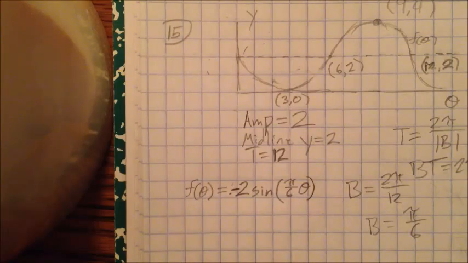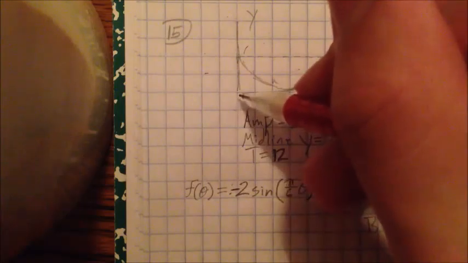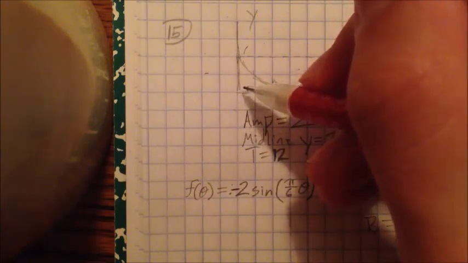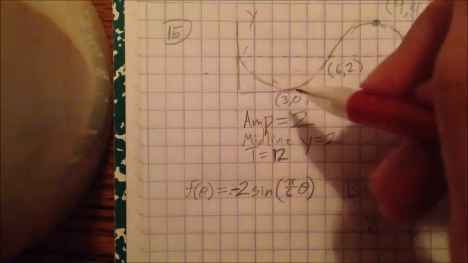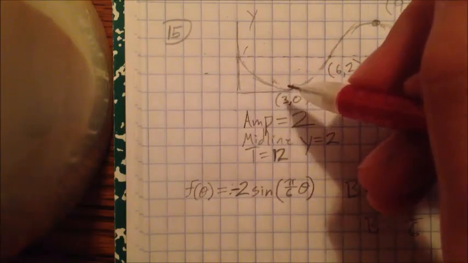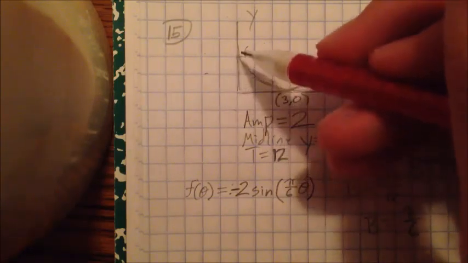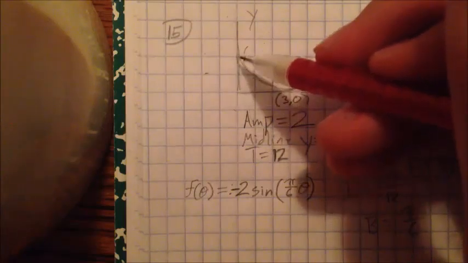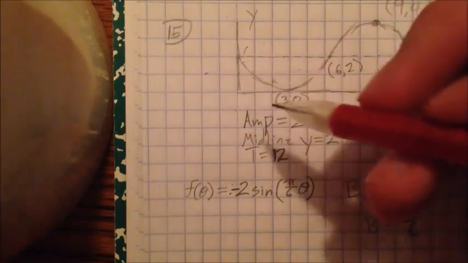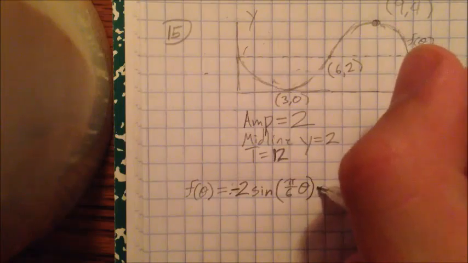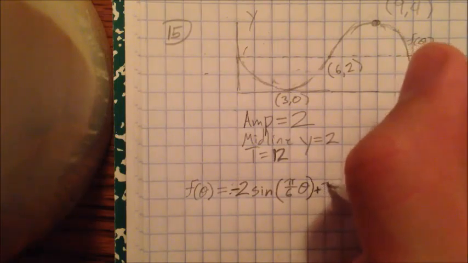Yeah. Y will be at 0. I was describing cosine. So at sine, y will be at 0 originally, but we need to shift it up 2. So this point needs to be here. So we need to shift this up 2 units. This graph needs to come up 2 units. So we will add 2.